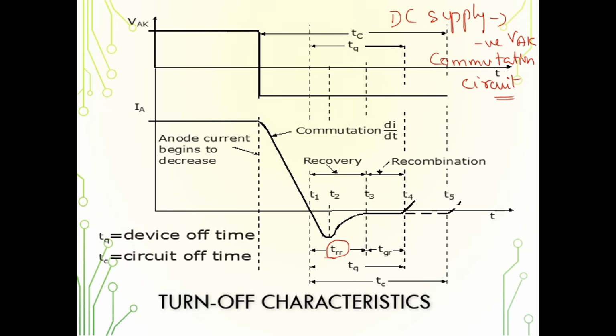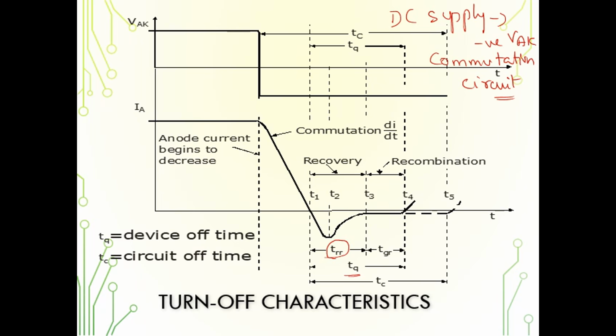That is because the inner PN junction, J2, requires time to recombine the excess carriers. So the reverse recovery time and the recombination time collectively make TQ, the turn off time.